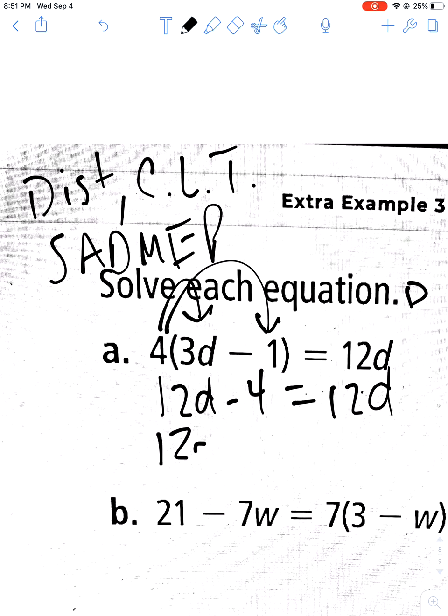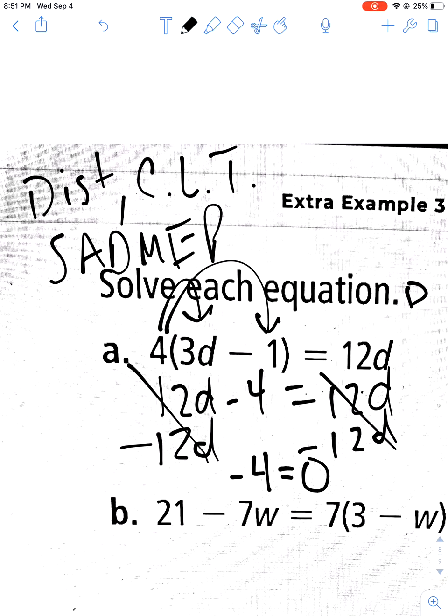So I'm going to move 12, subtract, because I want some cancellation, but it cancels here, and it cancels here, which means with negative 4 equals 0. But that's not true. Negative 4 does not equal 0. So we call this one a no solution.